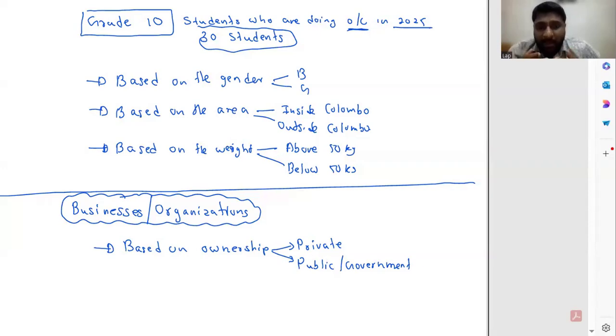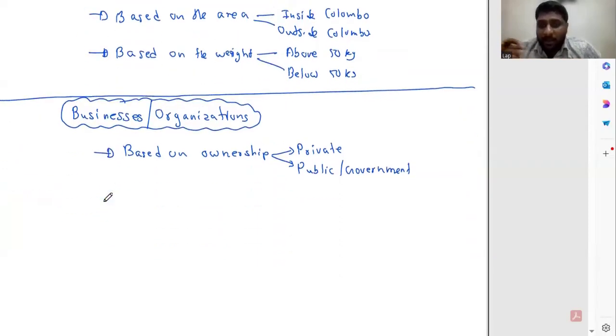Likewise, there are certain organizations and institutions owned by government. So one method of classifying businesses is based on ownership: private and public.